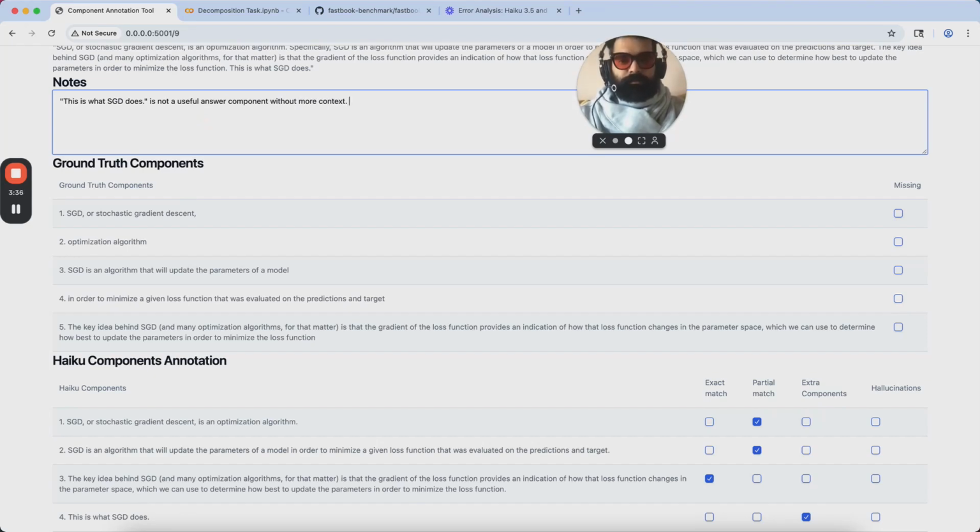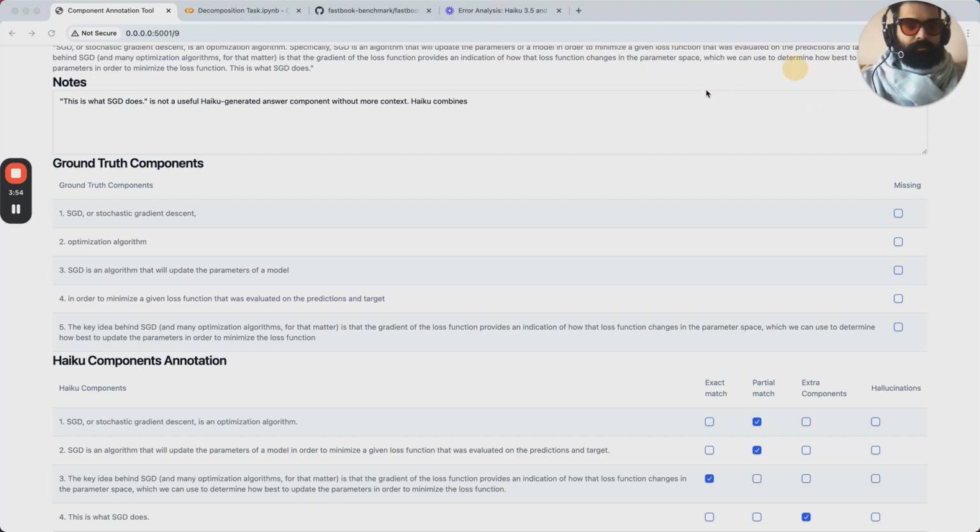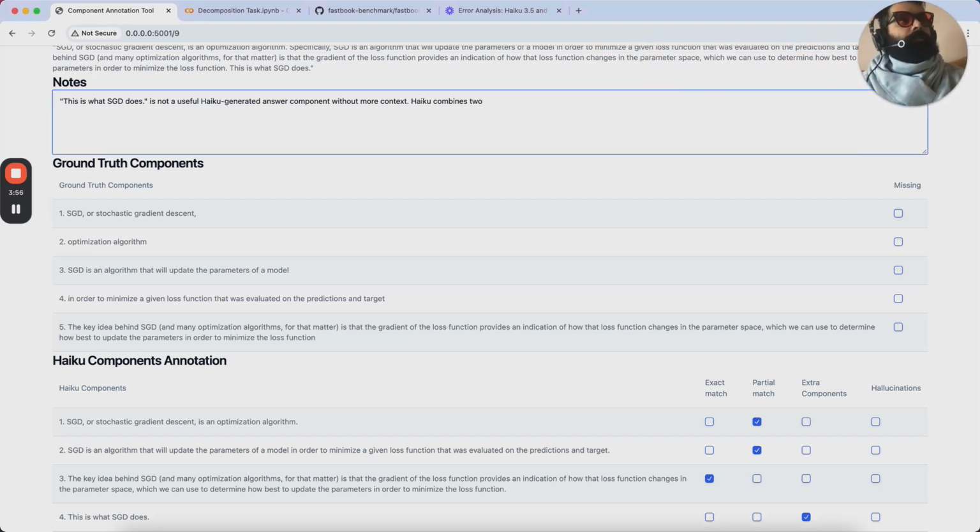Without more context, I'll just say Haiku generated answer component, and then I'll say that Haiku combines 2 pairs of ground truth components to create two longer components. TBD if this yields any issues in terms of retrieval.